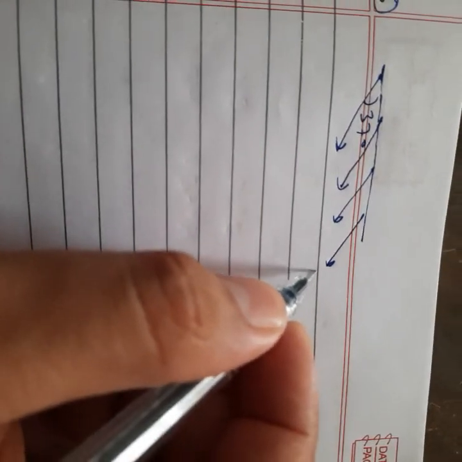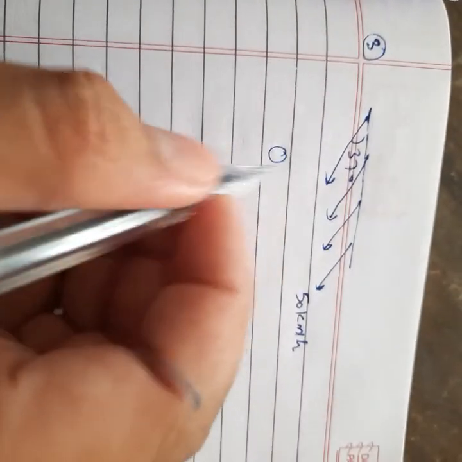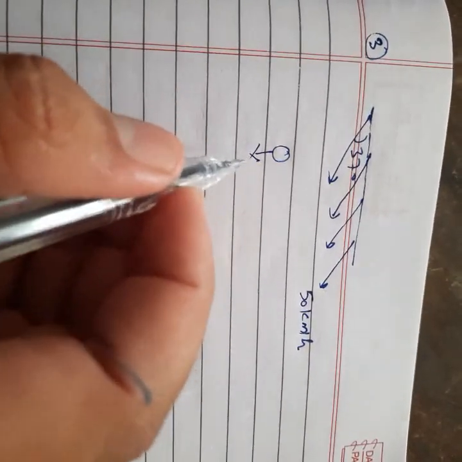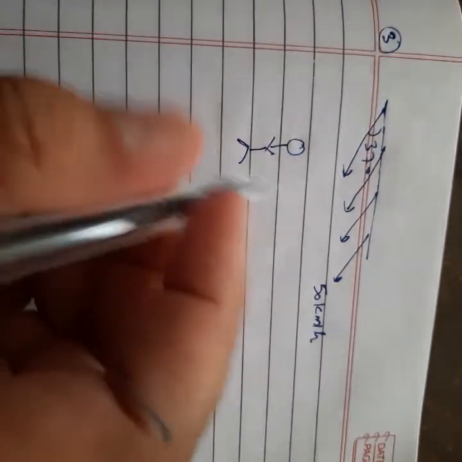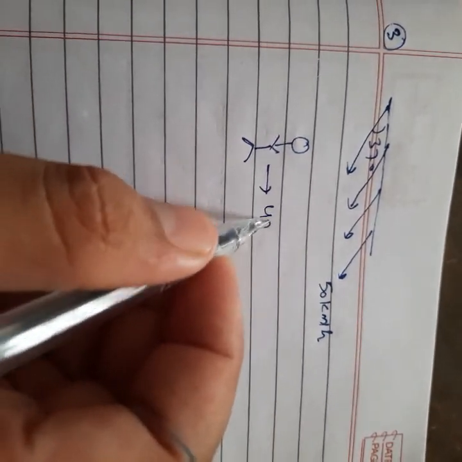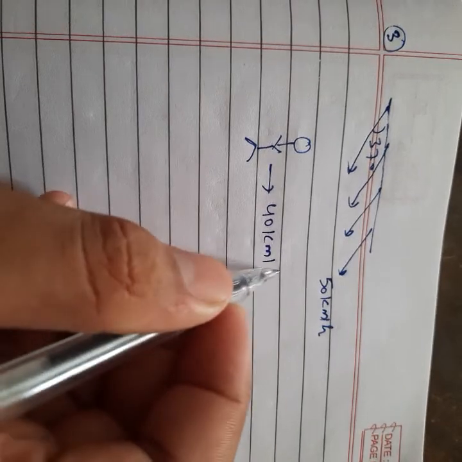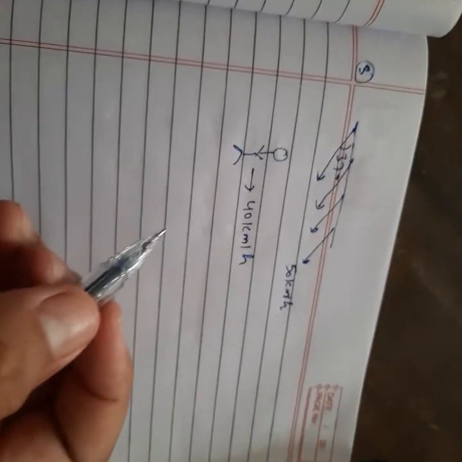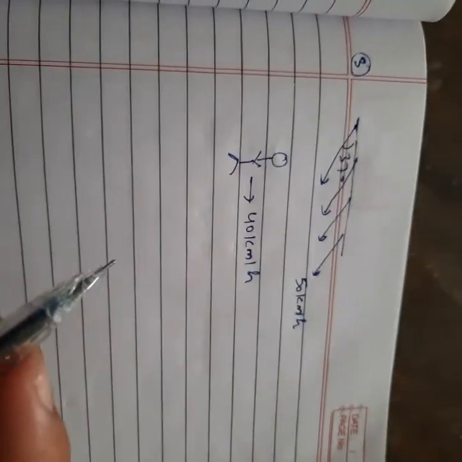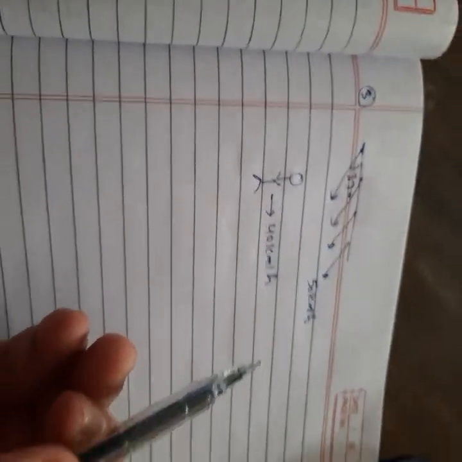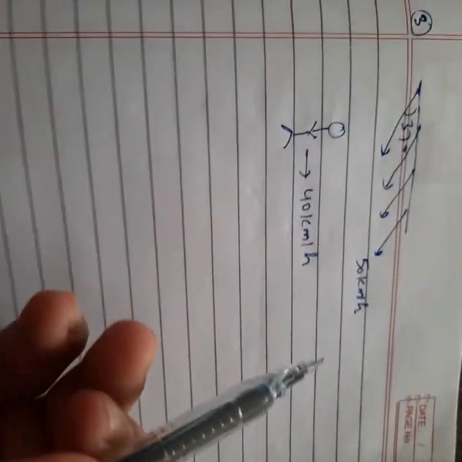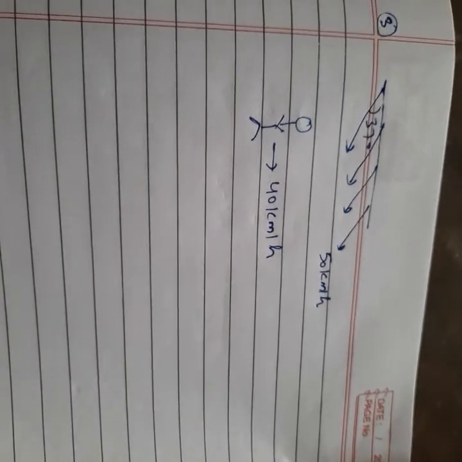The velocity of rain is 50 km per hour. A person is standing outside the house, and the man is running with a velocity of 40 km per hour. Find out the relative velocity of rain with respect to man, and at which angle he has to keep the umbrella for saving himself from the rain, that is, the direction of the umbrella.